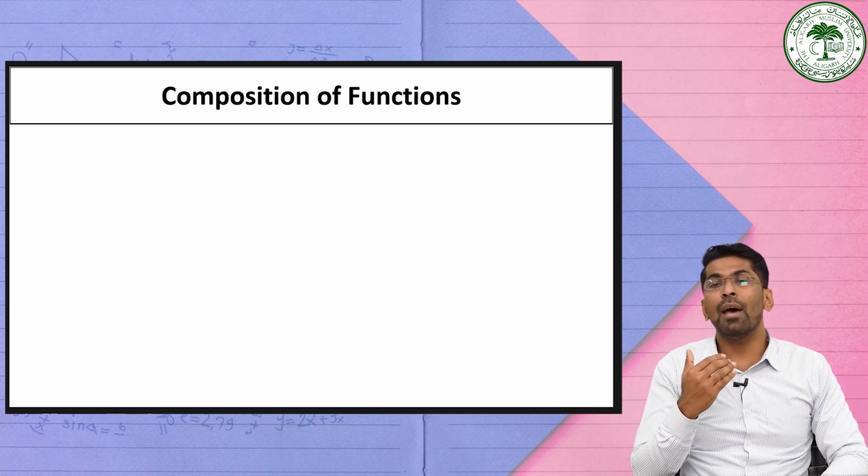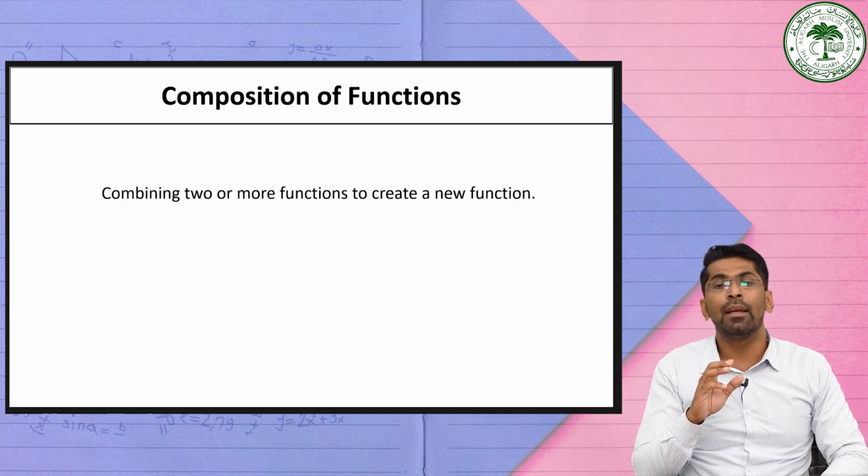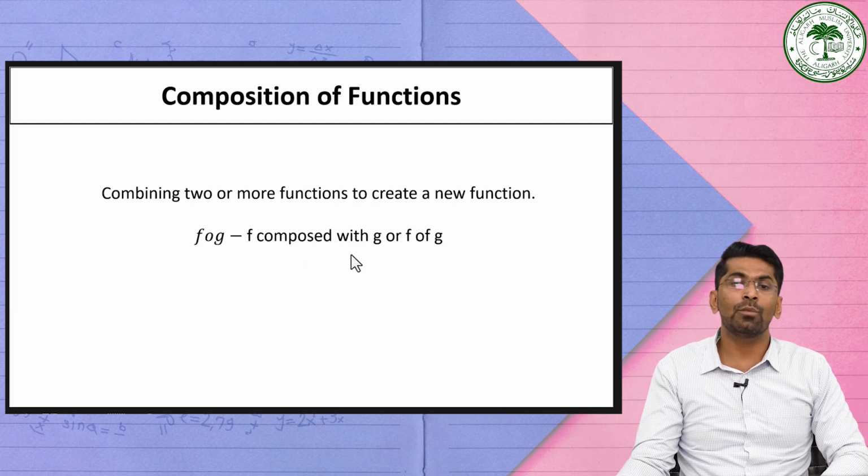If we have two functions, for example f and g, then the composition is denoted f of g. We can say that f is composed with g. It is generally created by combining two or more functions, especially to create a new separate function.